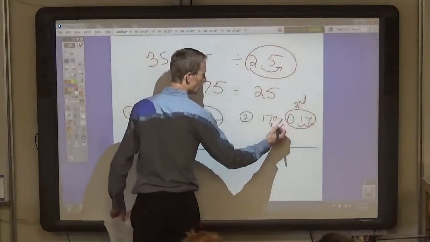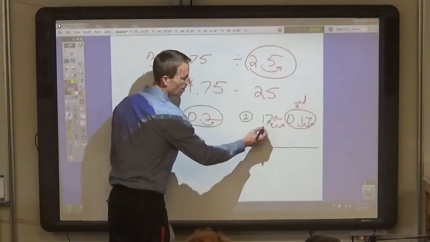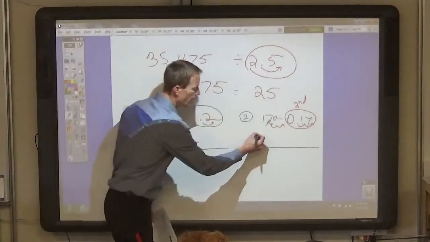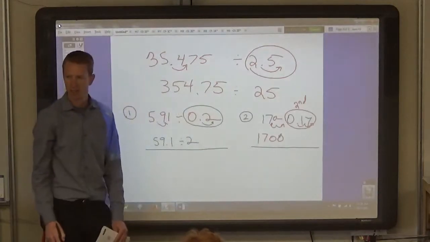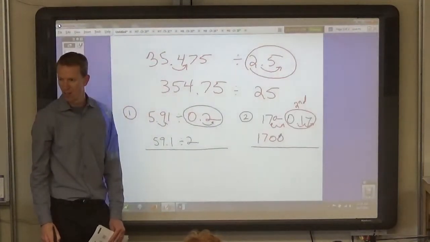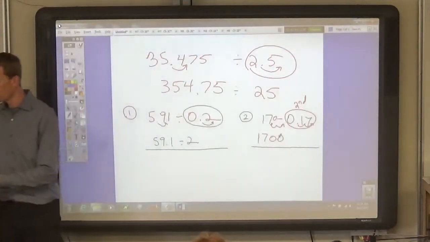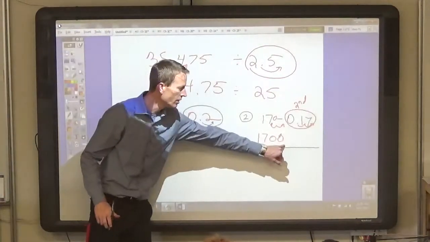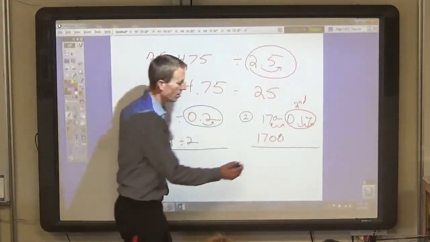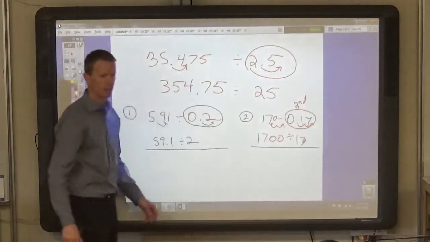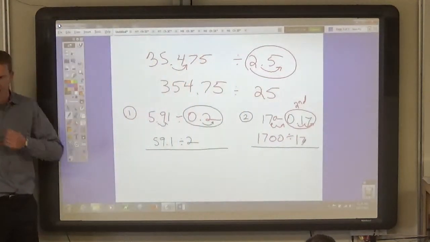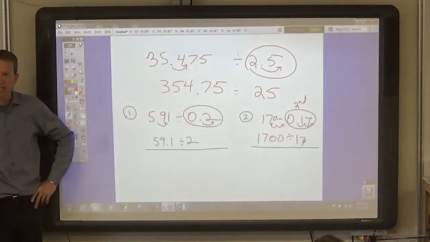So instead of 17, we're going to have to make it 1700. By moving the decimal place over 2 places, this becomes 1700 divided by 17. Right? Yep.